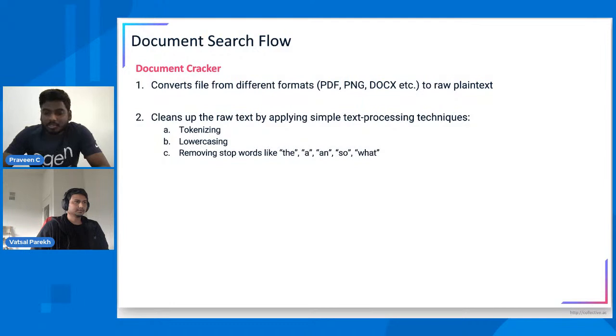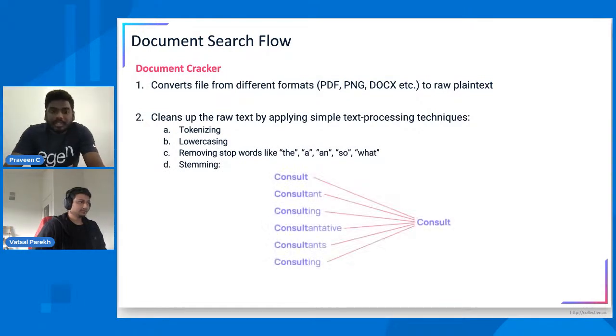Most text documents are filled with a lot of stop words, like "the", and we don't need these stop words to be stored in our data store. Removing them saves a huge amount of space, and stop words also skew the search, right? So we need to remove those as well. Stemming is a technique where each word is converted into its root word.